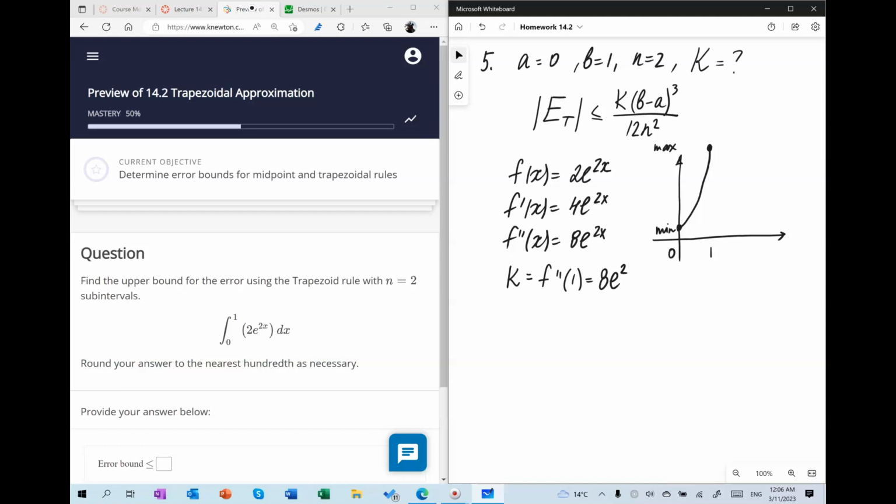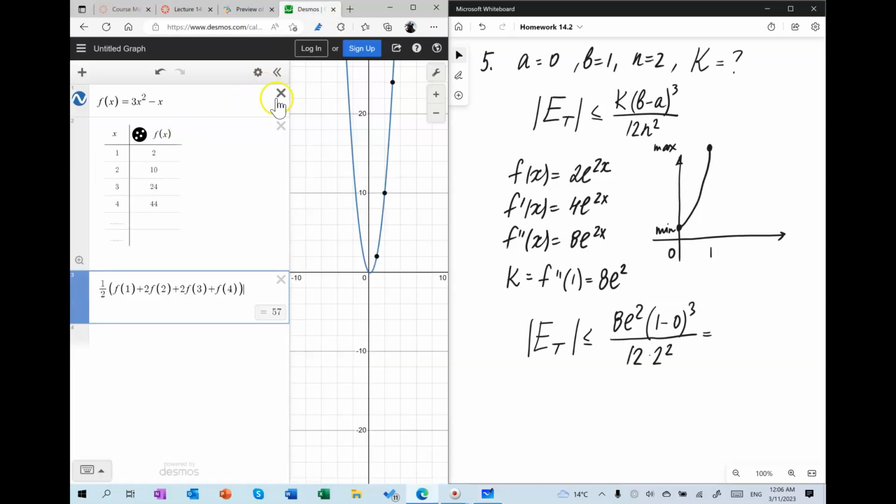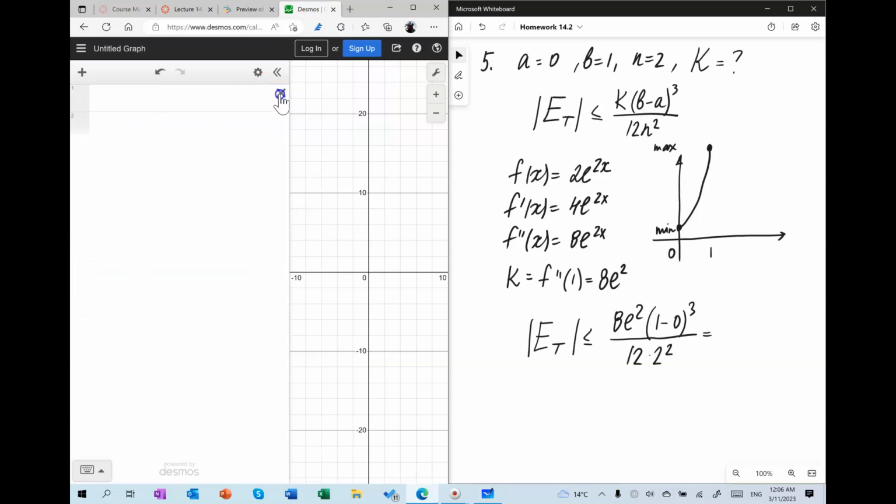So now that we have all the ingredients, we can plug in these numbers into this formula, and let the Desmos do all the work.